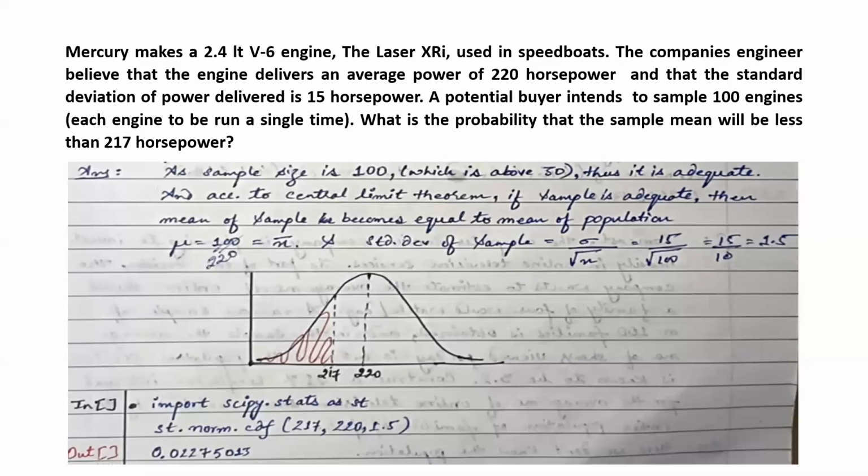This we have to find out. We can consider it as a scenario where Mercury is checking their engines, that the average power should not be below 217. The sample size is 100. We have to find the probability that the sample mean will go less than 217.